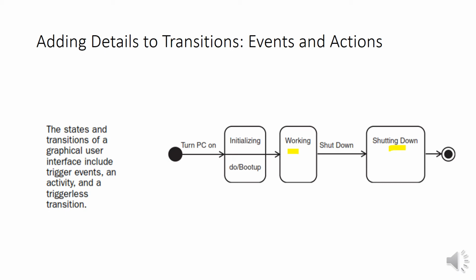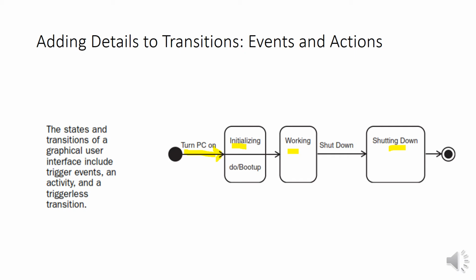These are the three states we considered in the graphical user interface example. So this is the transition. As a result of a transition, the object goes from one state to another.